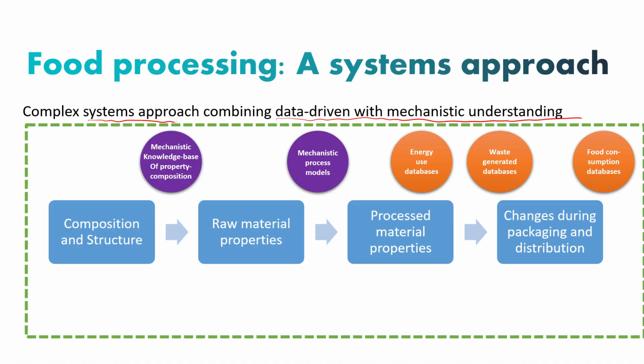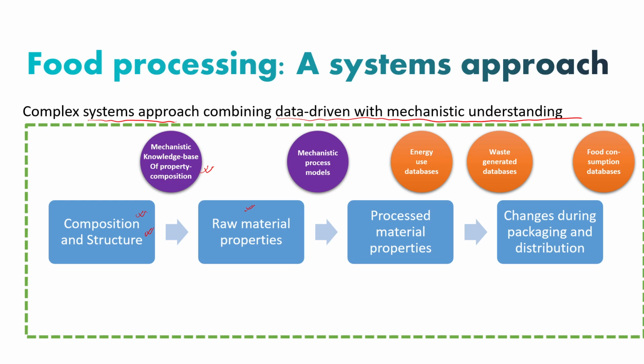Okay, so for example, food, you start from a composition and a structure. From knowing the composition and structure, it's possible to predict raw material properties. So we can build mechanistic knowledge base of property composition.